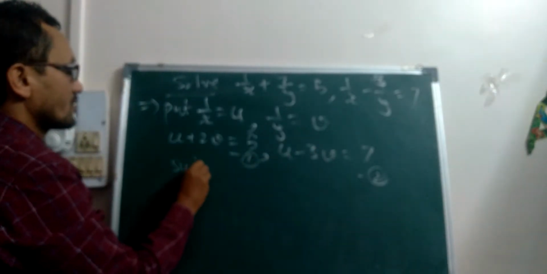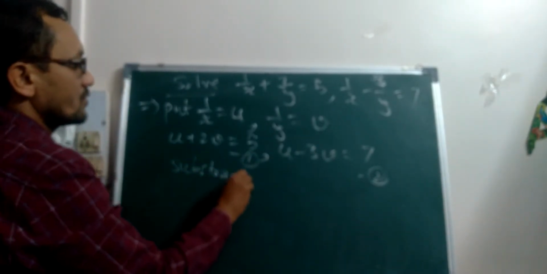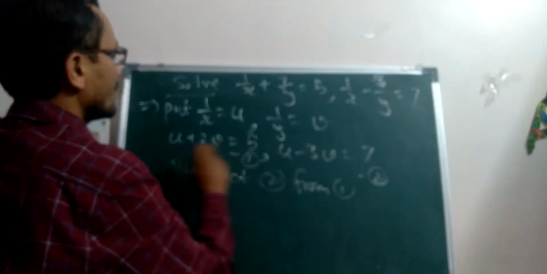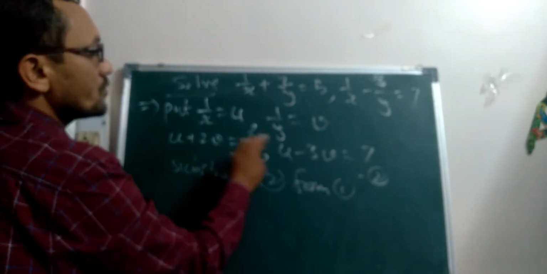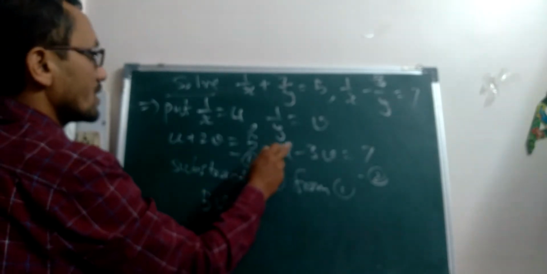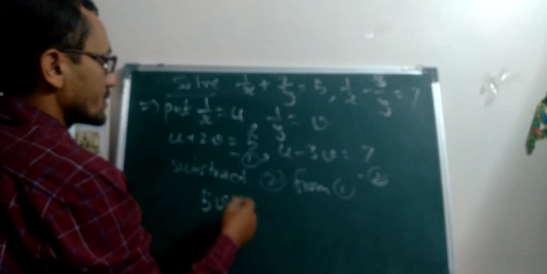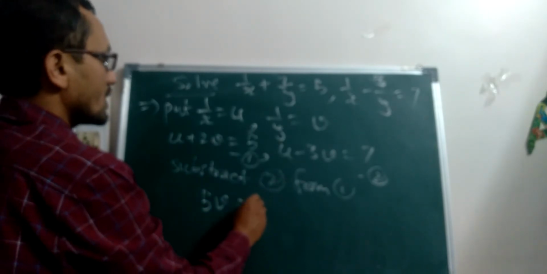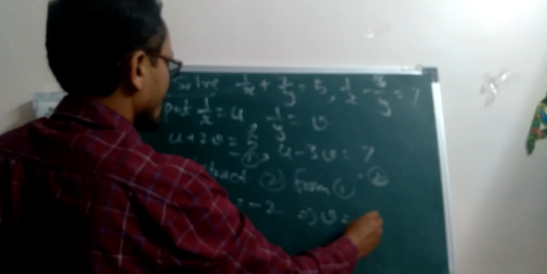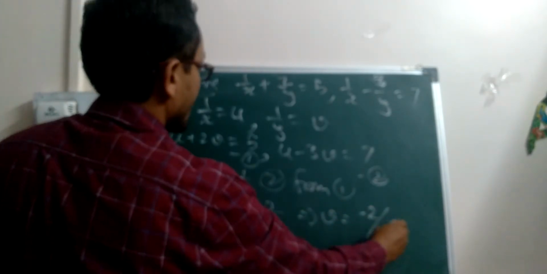Subtract equation 2 from equation 1. So what do you get? u cancels. 2 minus 3 gives 5v is equal to 5 minus 7. 5 minus 7 is minus 2. So what is the value of v? v is nothing but minus 2 by 5.